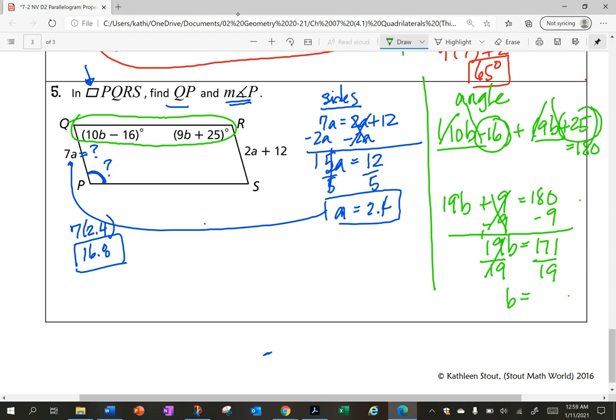So I get b equals 9. So I am trying to solve for angle P, and I know angle P and angle R are congruent. So I'm going to substitute into angle R's equation. So I know 9 times 9 is 81, plus 25 is 106 degrees. That's it.